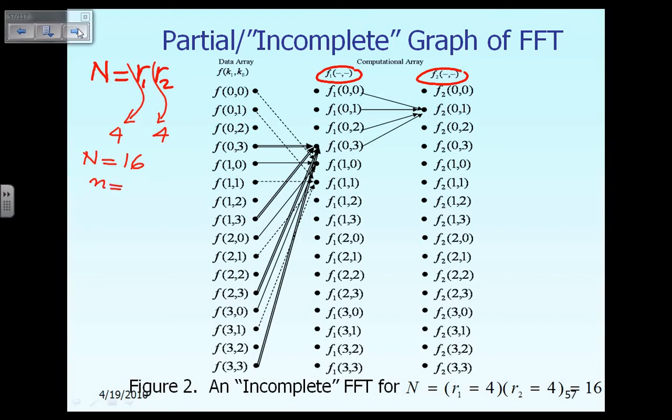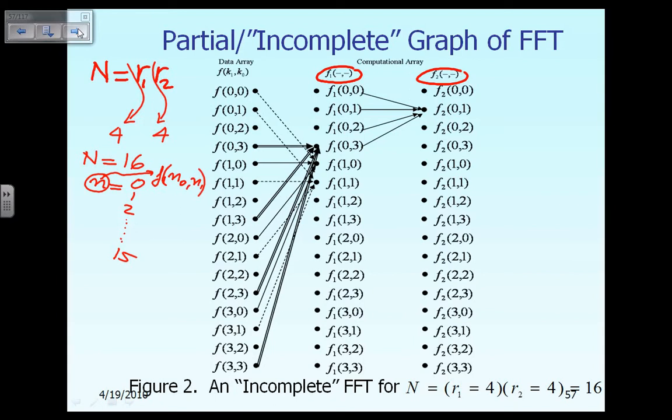N can go from 0, 1, 2, up to 15. And the definition of N, we remember earlier, can be expressed as a function of n0 and n1, as I mentioned to you earlier.